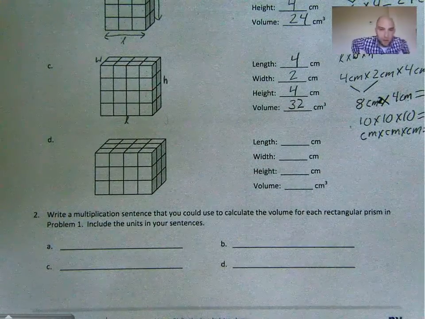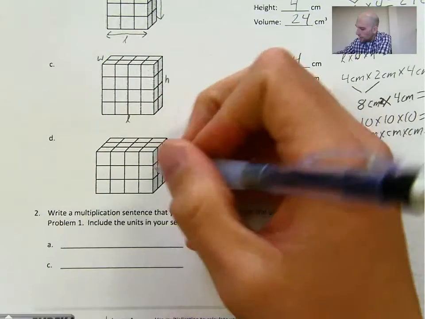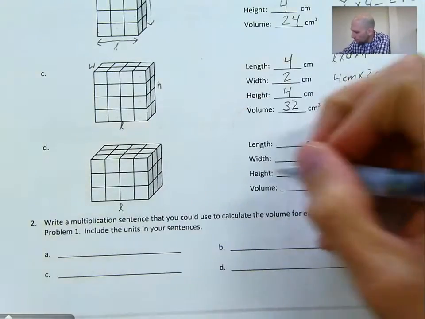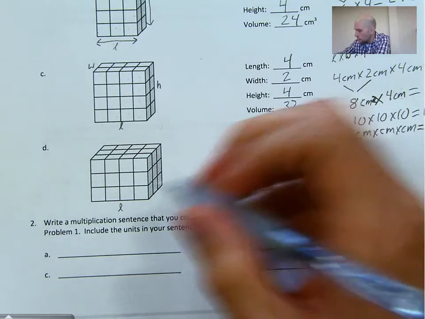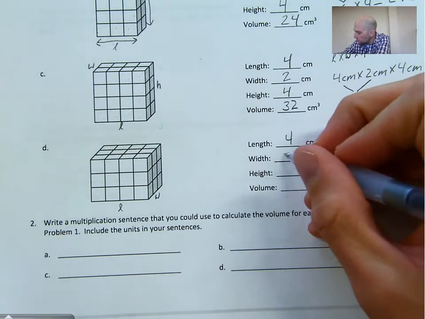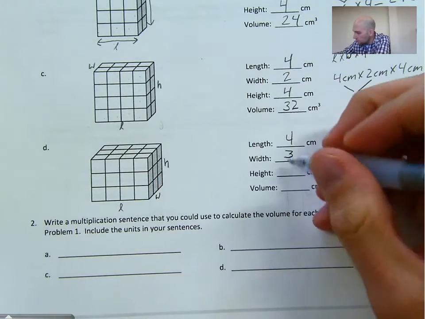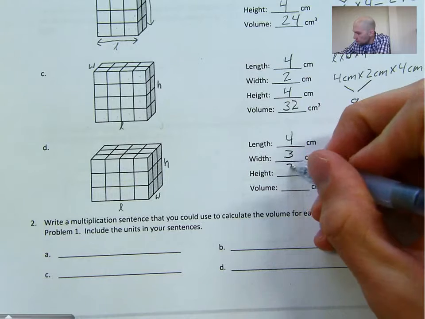All right, let's do this letter D right here. So we have a length of 4 centimeters. We have a width of 3 centimeters. And we have a height of 3 centimeters.